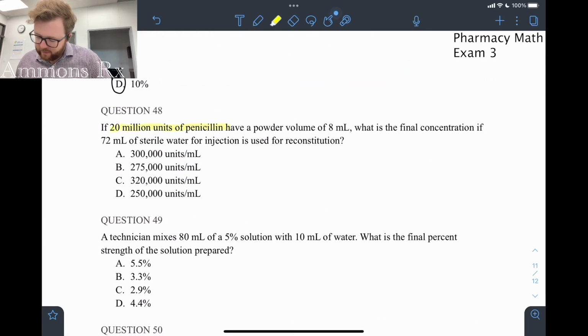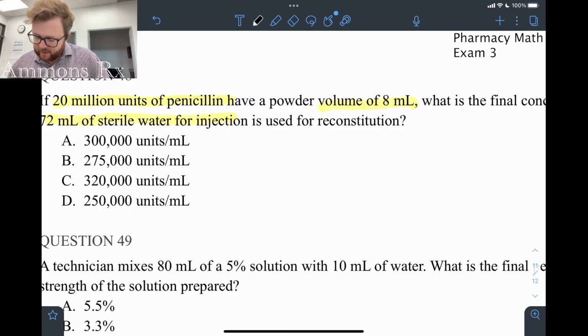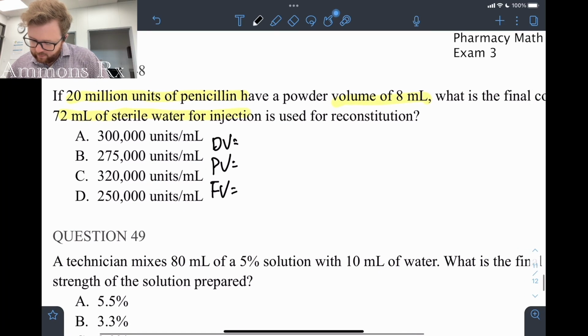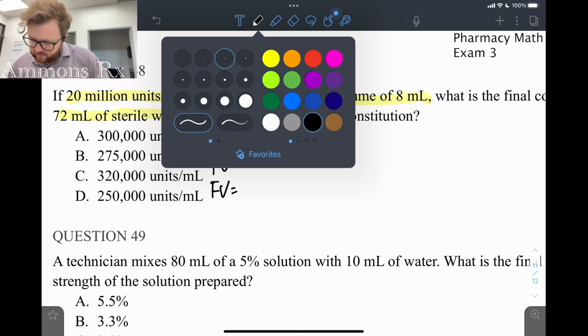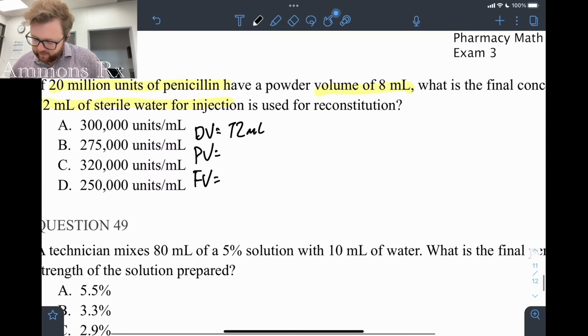Penicillin problem: 20 million units, powder volume of 8, and 72 mils is added. This one is a little different because our diluent volume is 72 and our powder volume is 8.